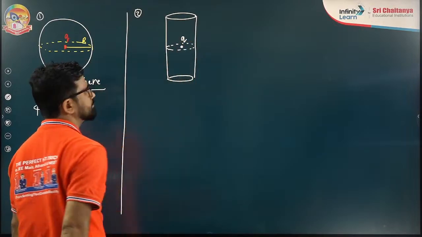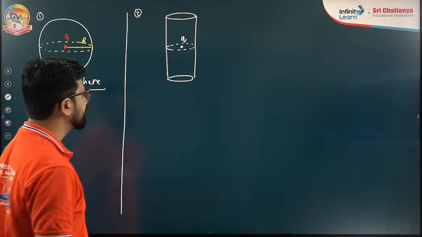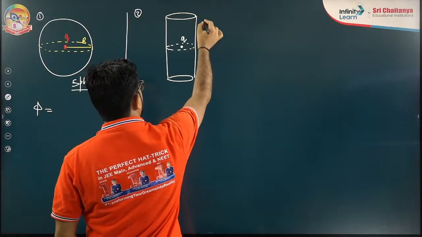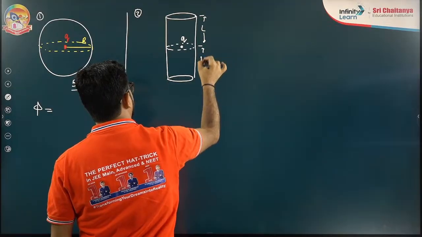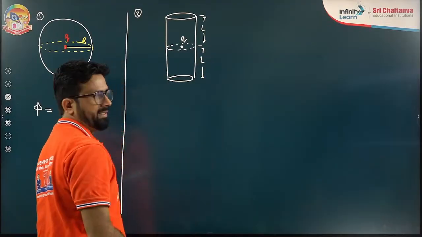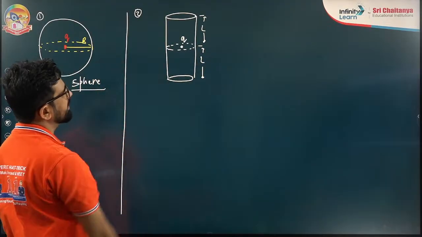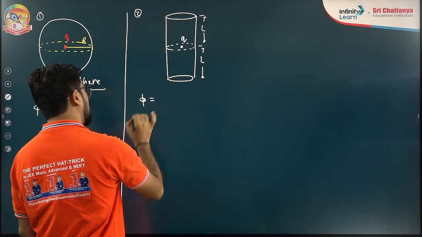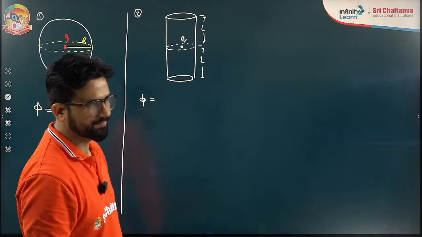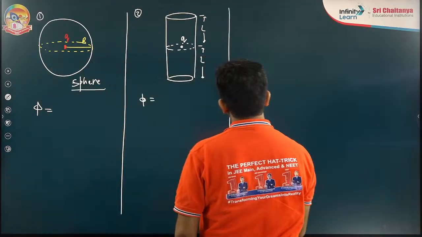Suppose from here to here the length is L, and this length is also L. Don't worry about it. This is one cylinder. Now again the question: what is the flux associated with this cylinder? That is the second question.